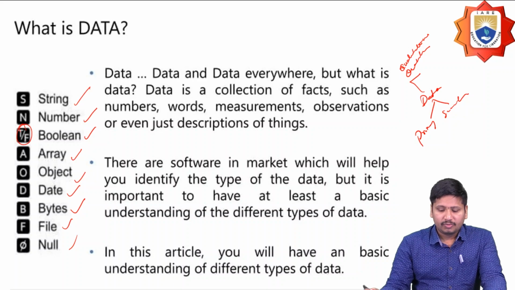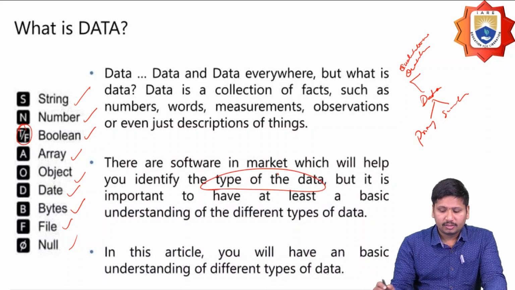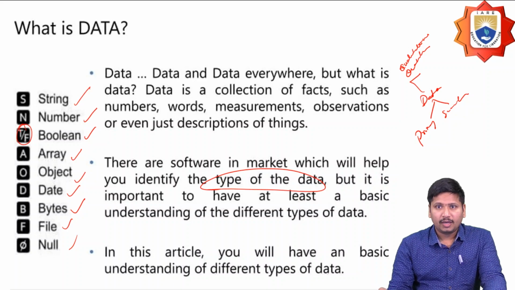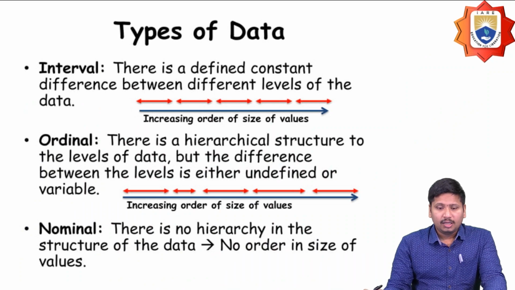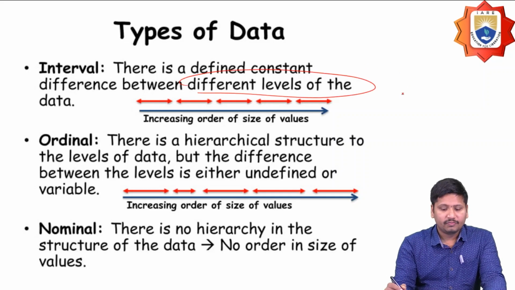Some types of data are qualitative and quantitative, which helps in understanding the different types of data. Normally the levels of measurement are interval, ordinal, and nominal. Interval means there is a defined constant difference between the different levels of data.